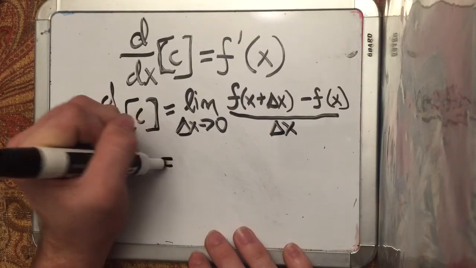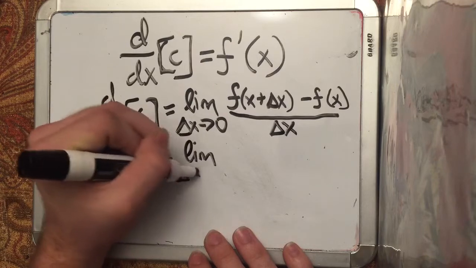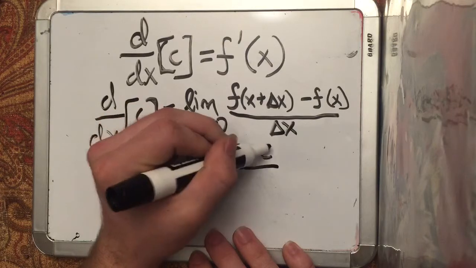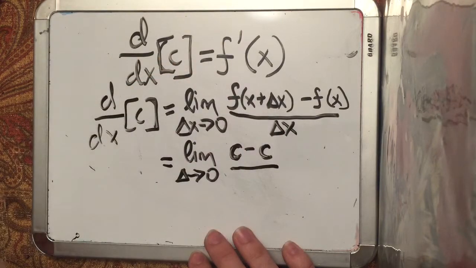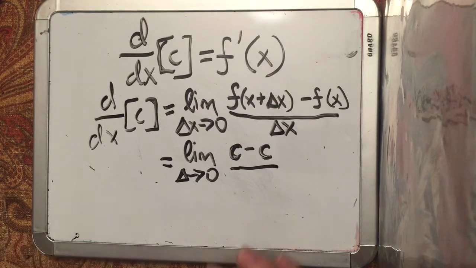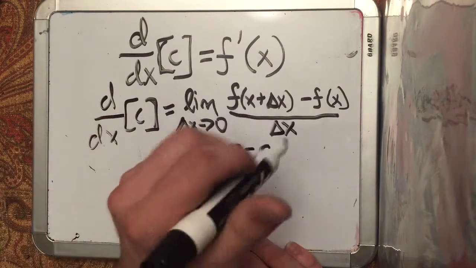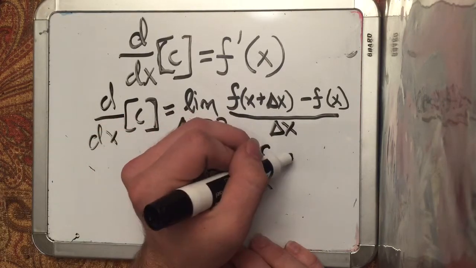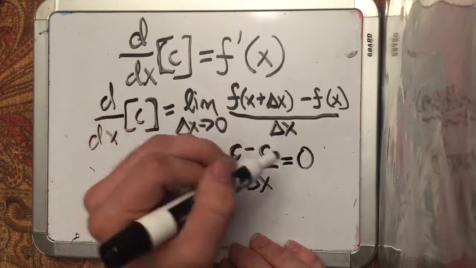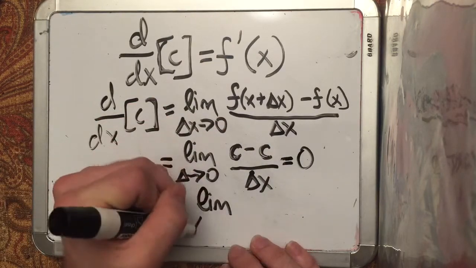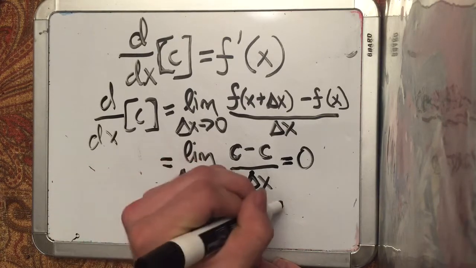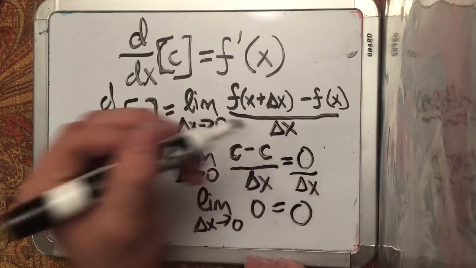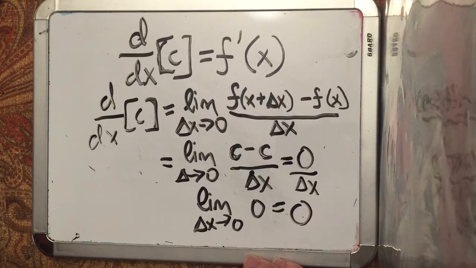You get the limit as change in x goes to 0 of c minus c, because if you plug in a constant number here, it's just going to be c because it's constant. It doesn't matter if there's a change in x or not. All over change in x. This is going to be 0, and the limit as change in x goes to 0 of 0 equals 0. And that's how it's proven.